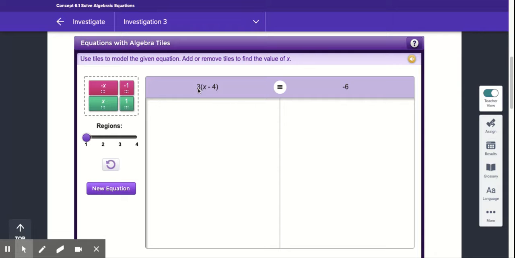So for this one, you are going to do 3 times x. So that becomes 3x. Then you are going to do 3 times -4. That actually becomes -12. Okay?